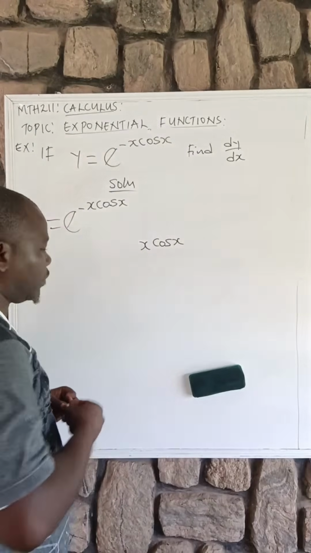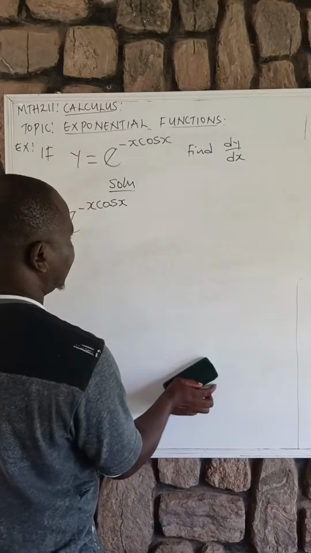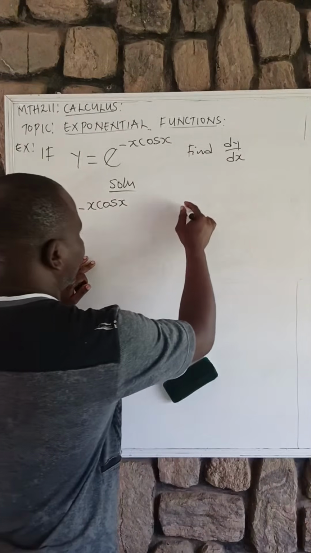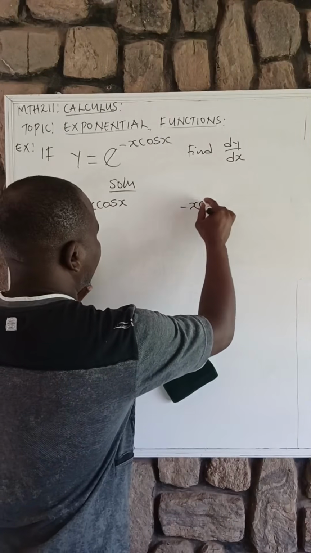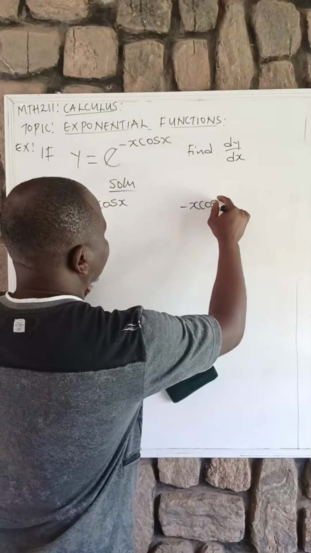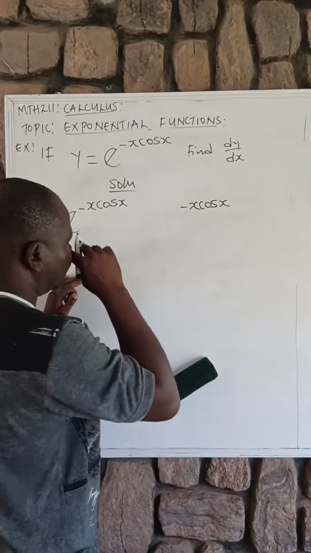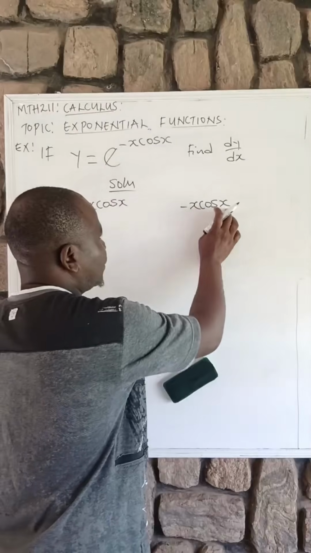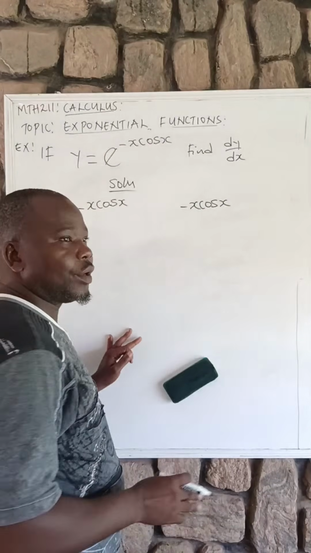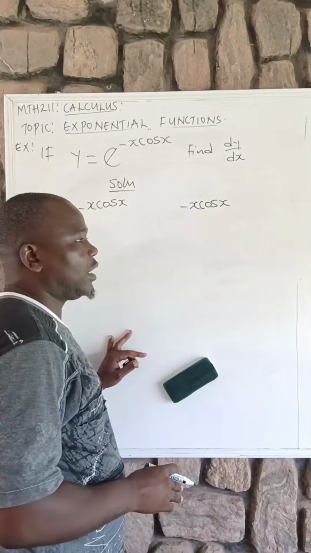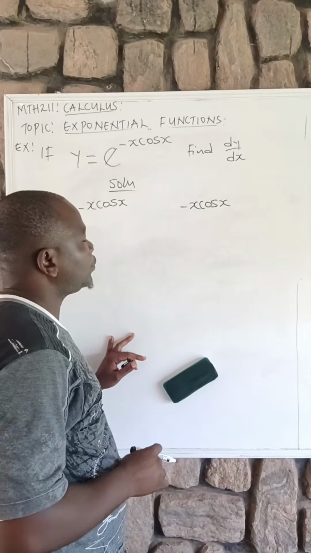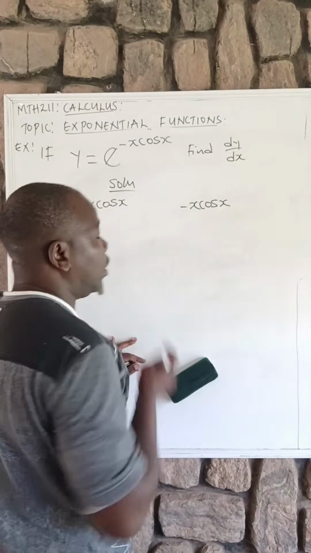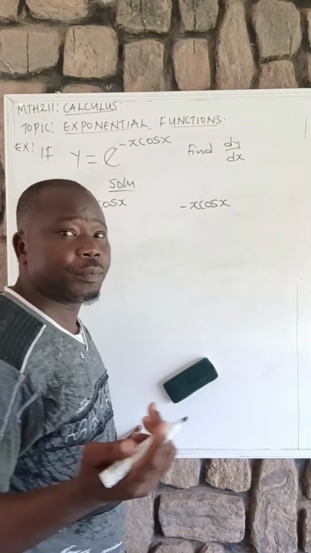You don't need a prophet to tell you that. So if you want to differentiate these functions directly, without using the product rule, is that clear? Or should we use the product rule?